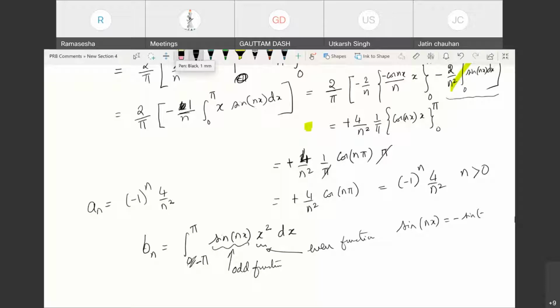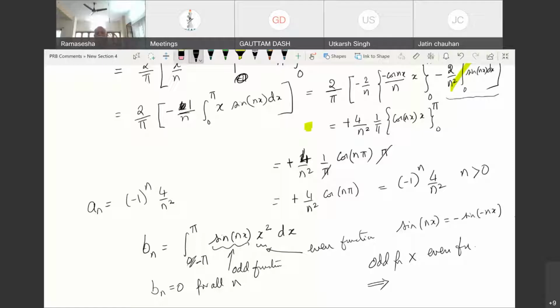What about the product of even functions? Yeah, I hope you're hearing me. So tell me the answer. What kind of function is even function into even function? Sir, even function into even function is an even function. Odd function into even function? Odd function.